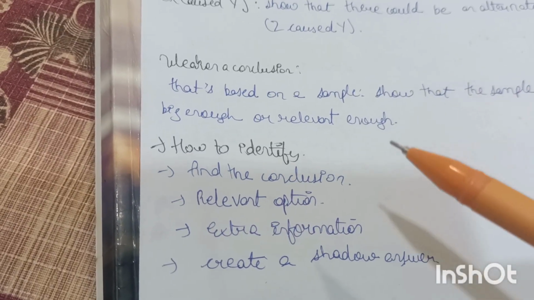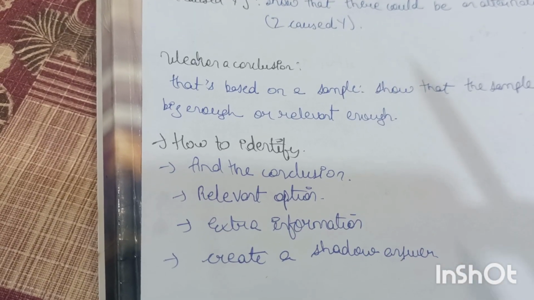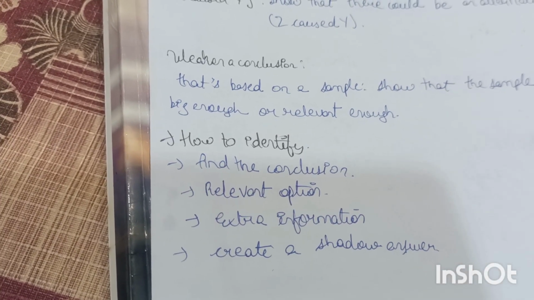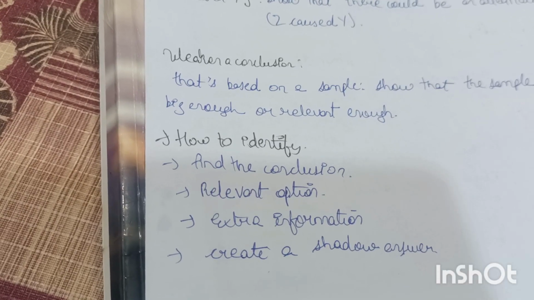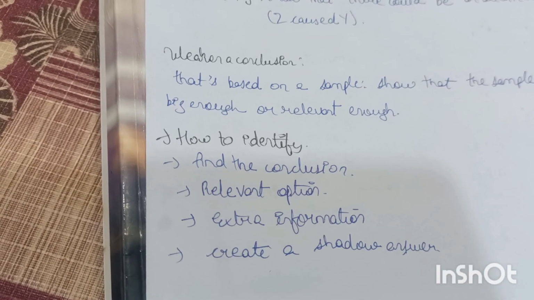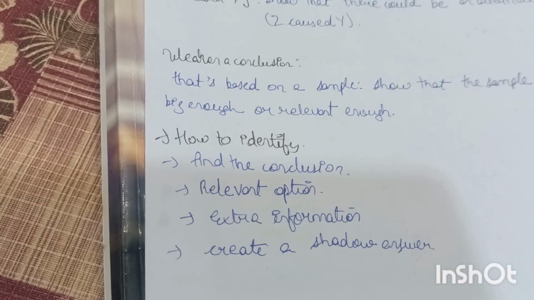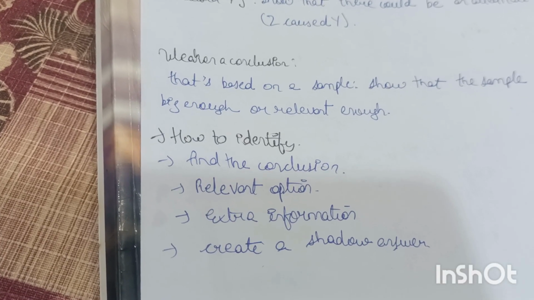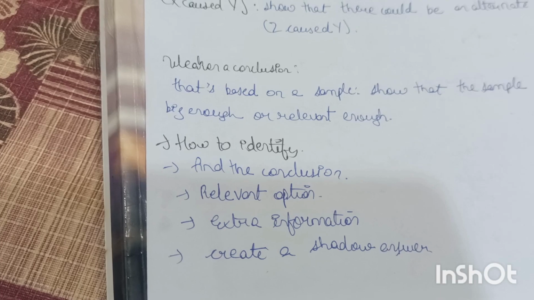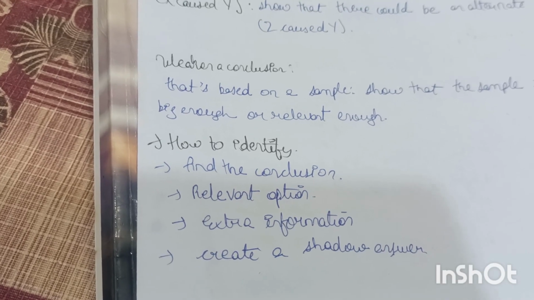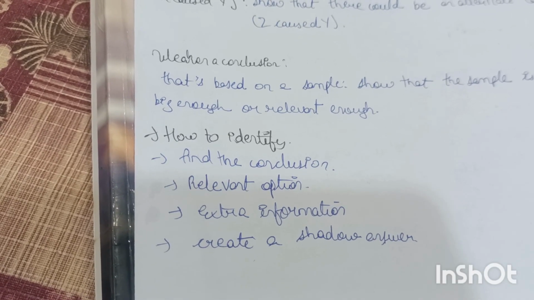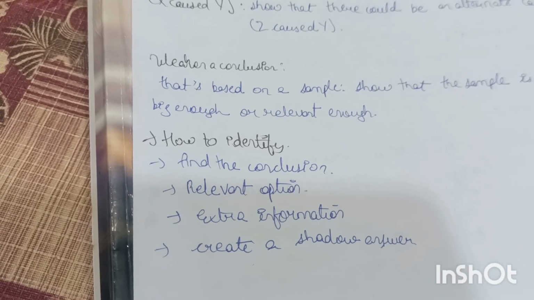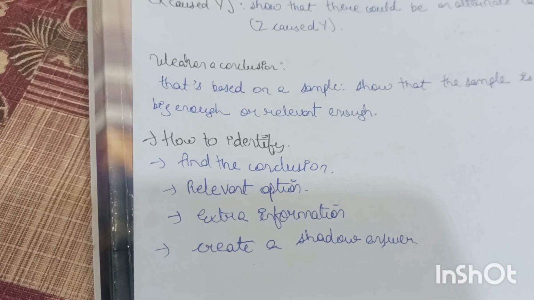Let's understand. First read the passage and find the conclusion, then go to the options and find the relevant option. Then check the extra information given in the option. Then see the option that is not related to the passage, or is going opposite to the conclusion. That statement will be the correct statement.